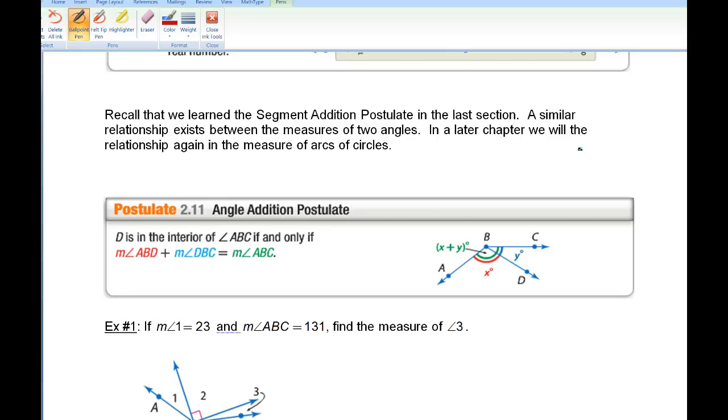We talked about the segment addition postulate in the last lesson. Now we have the angle addition postulate. This is going to be a possible reason when we think about the reason column. There's an infinite number of things you can put as a reason.